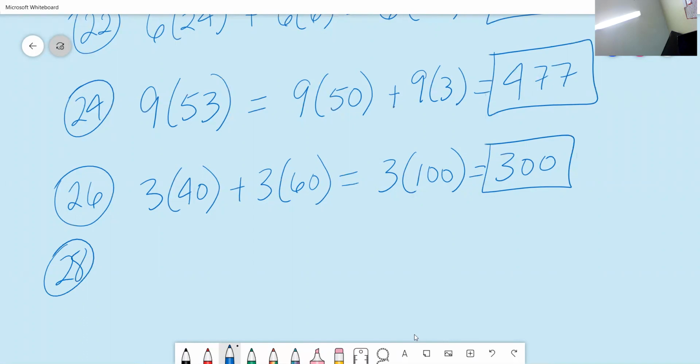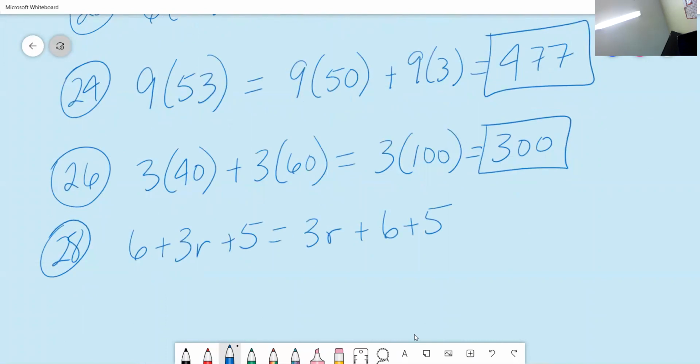So we have 6 plus 3r plus 5 is equal to 3r plus 6 plus 5. Now in this case, what have we done? You have them in one order on one side, 6 plus 3r plus 5, and the other one is 3r plus 6 plus 5.